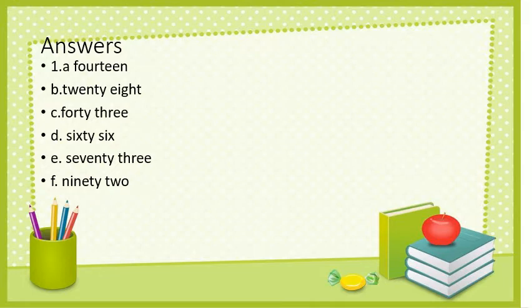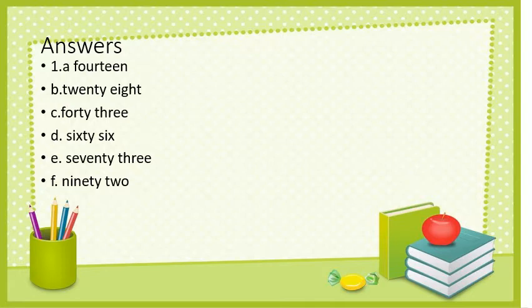Now the next number is 73. Seventy, 70. Three, 3. 73.